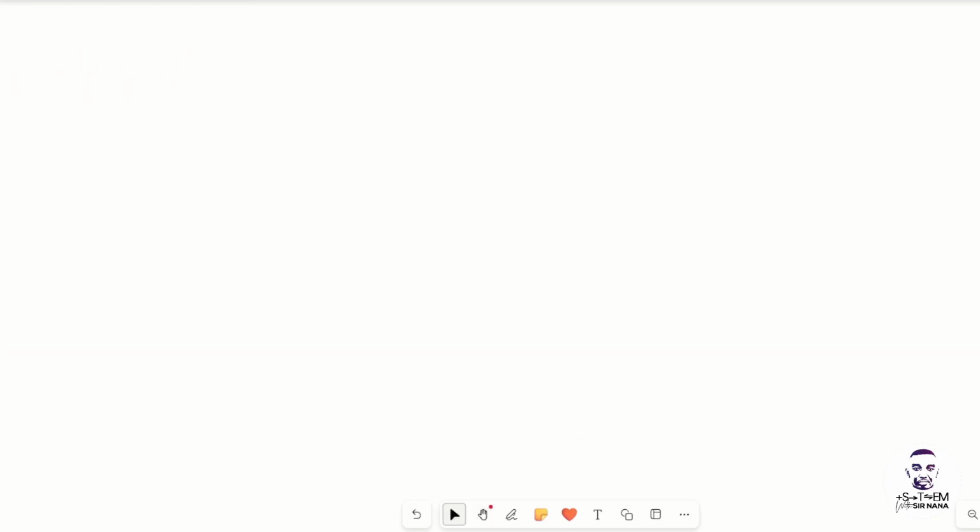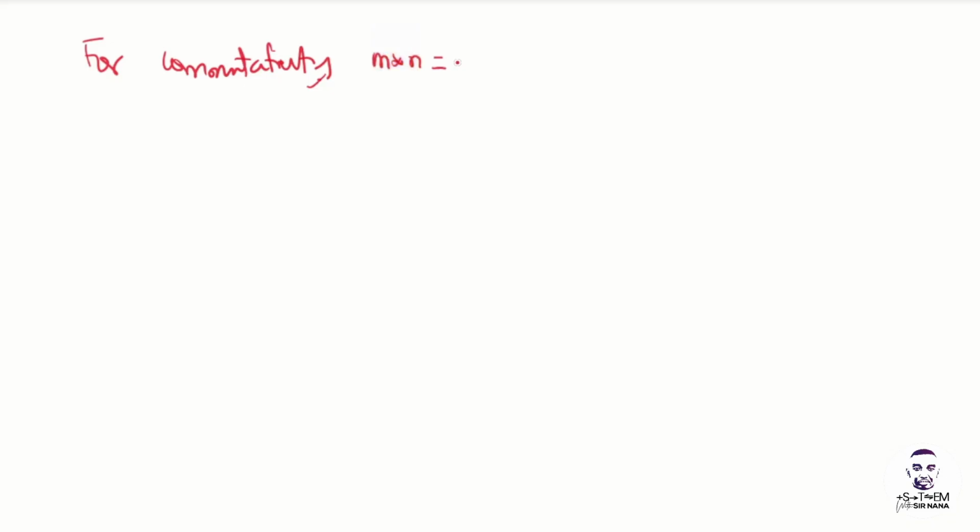So we can say that for commutativity, we have M operation N is equal to N operation M, where M and N are members of the real number system.